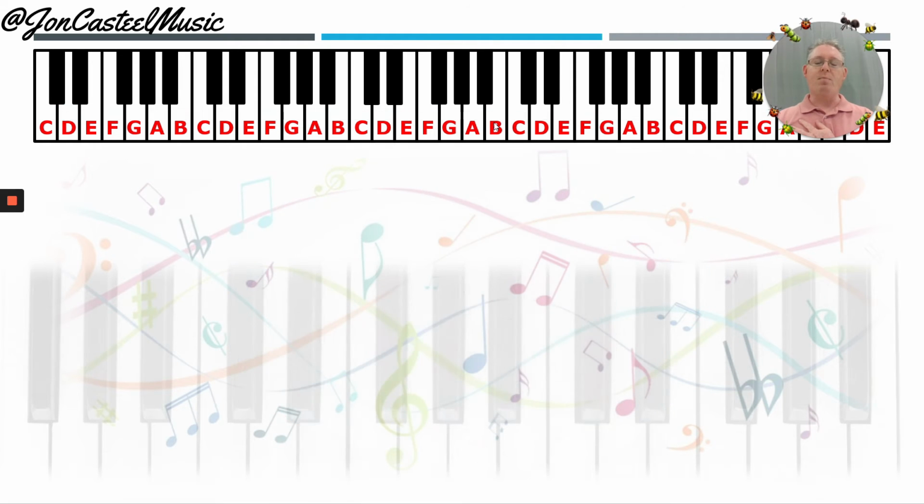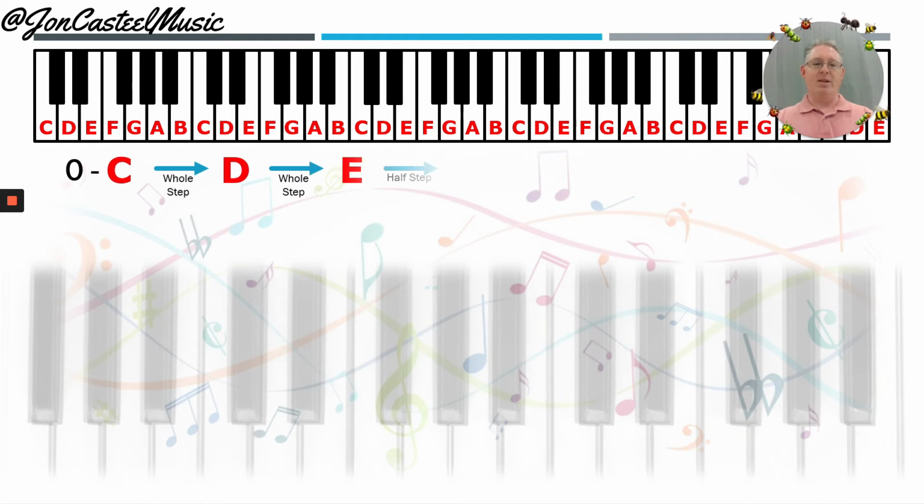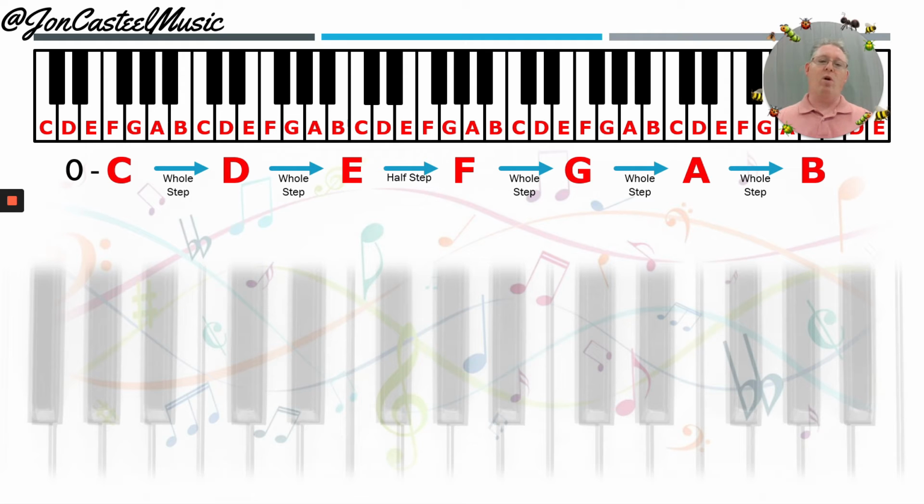All right. Now, let's look a little more in detail at how this whole, whole, half, whole thing comes into play. So if we're at the key of C, and I'm going to start way down here on the far left, when we go up a whole step from C, we get to D. When we go up a whole step from D, we get to E. The next pattern is a half step.